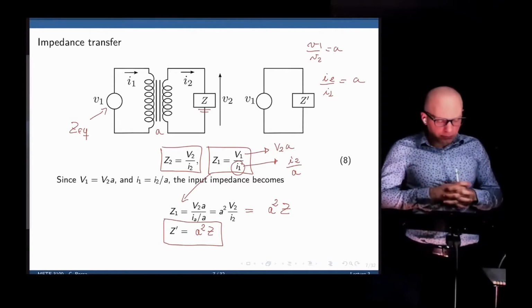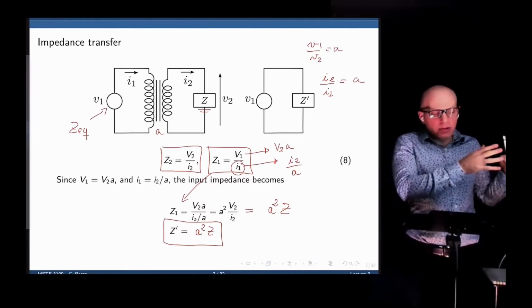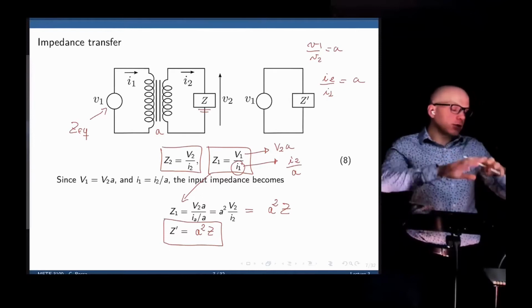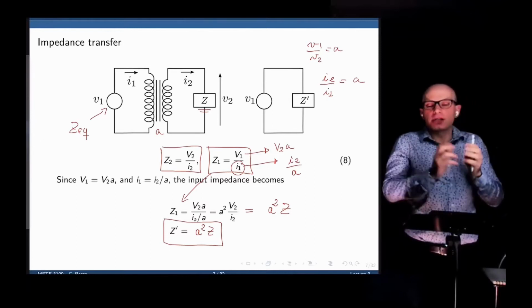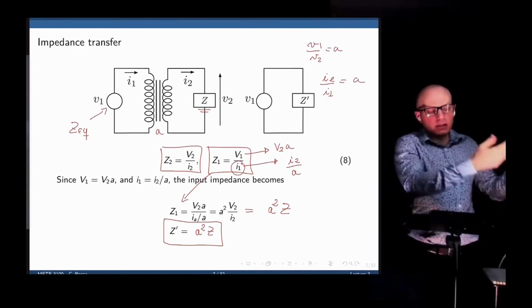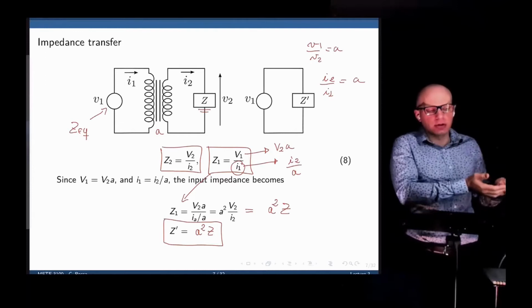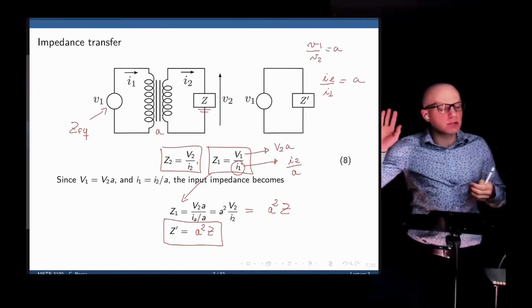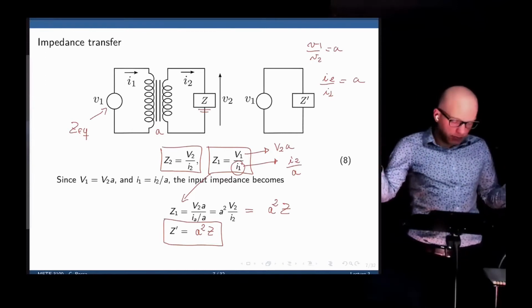Okay. So the secondary impedance will have an effect on the overall impedance of the system. It makes perfect sense. And we need to do this transfer, otherwise we would be delivering free energy to the secondary winding without affecting the impedance of the primary winding. That doesn't make sense.